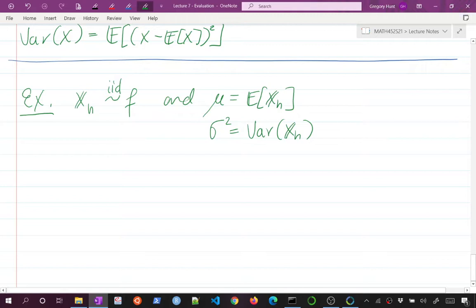Now, for example, f could be a normal distribution, in which case we're familiar with this, but just like back in the very beginning lectures, we actually don't need it to be a normal distribution. All I need to know is that the mean is some mu and the variance is some sigma squared, okay?